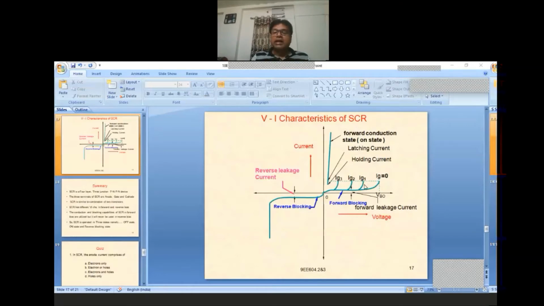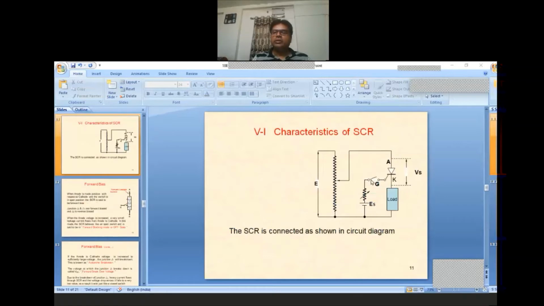But the actual and the most important and interesting feature of the SCR is when there will be a positive voltage given between the gate and cathode. When the switch is closed, a very small voltage when compared to the applied voltage is applied to the gate and cathode, gate positive with respect to cathode.